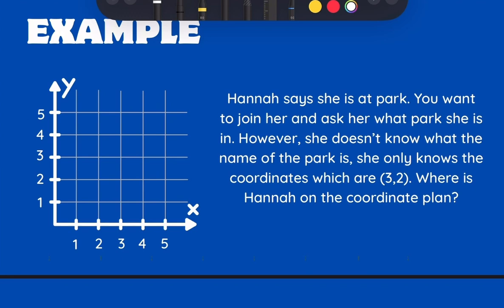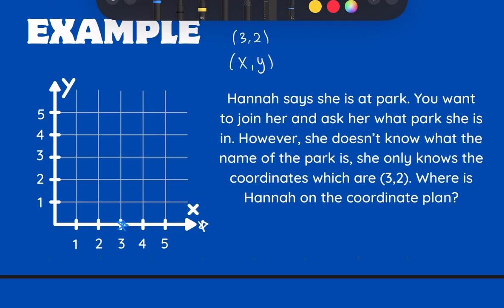Well, let's remember our rules. This 3, 2, remember that it's always x, y. Our x-axis is what goes from left to right, which is going to be this one. So we are going to plot 3 on that x-axis, which is going to be right here.